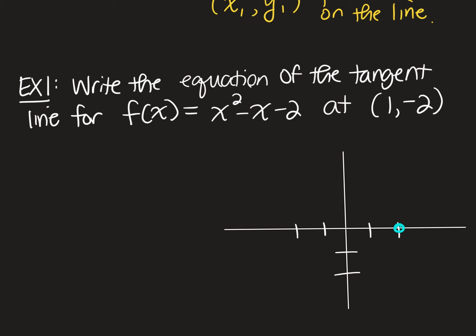So our parabola has a point at (0, -2), the point (2, 1), the point (-1, 0), and then we know the point (1, -2) is on there as well.